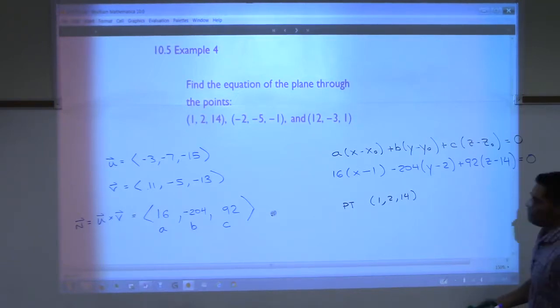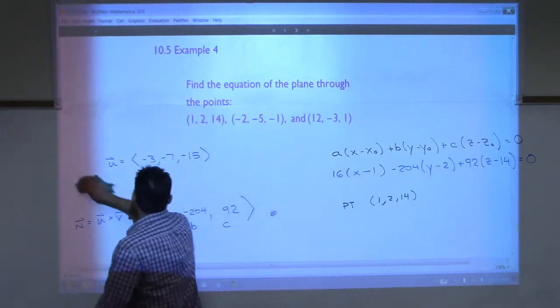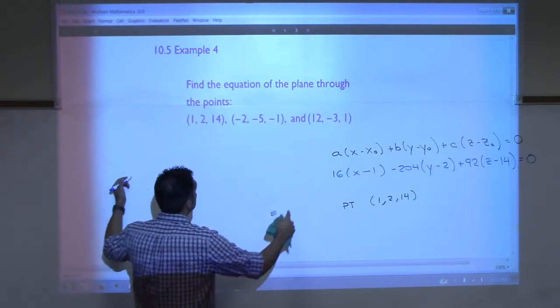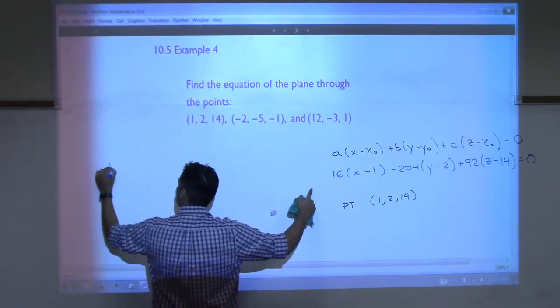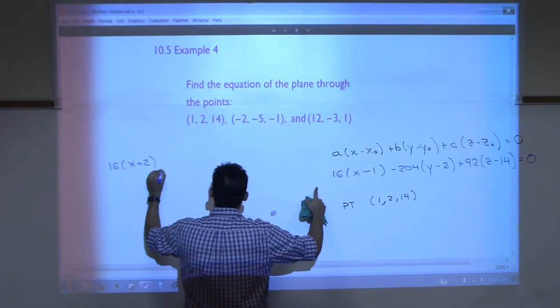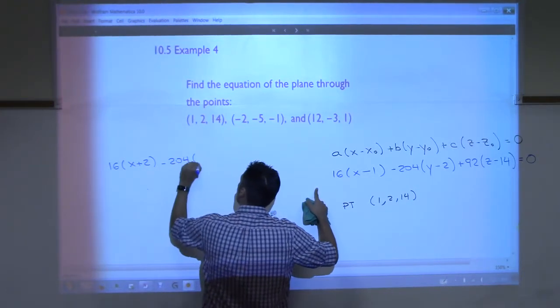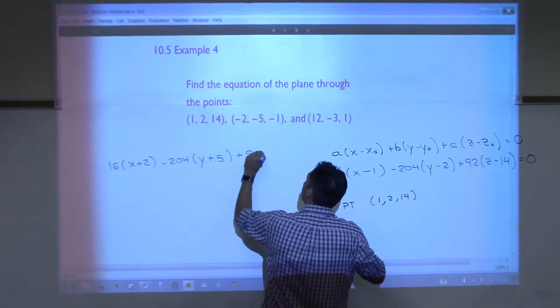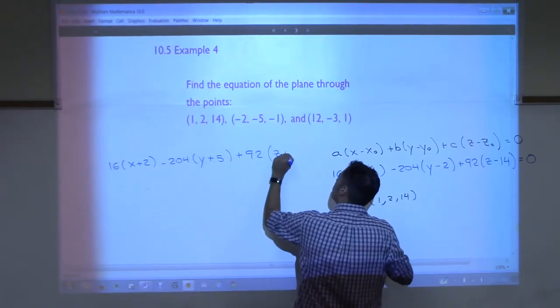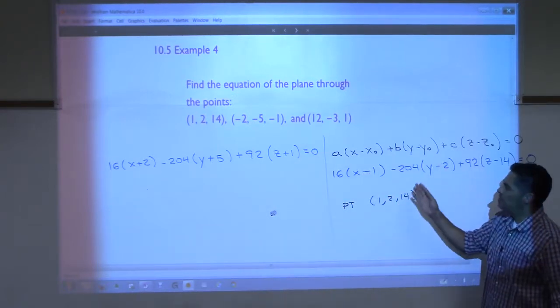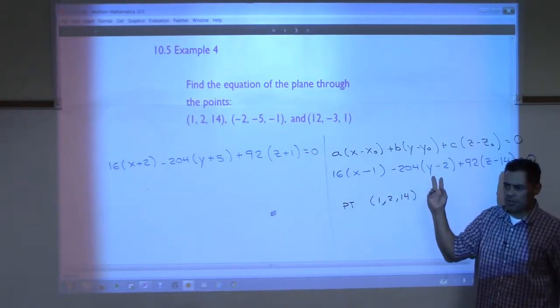It's kind of amazing that it'll do this, but if someone else were to have used a different point, then we would have got, let's say, 16 times x plus 2, minus 204 times y plus 5, plus 92 times z plus 1 equals 0. What I'm saying to you right now is that these two are the same equations.